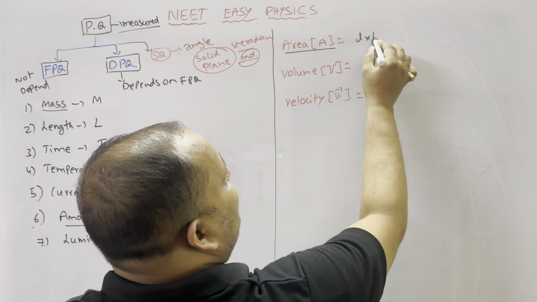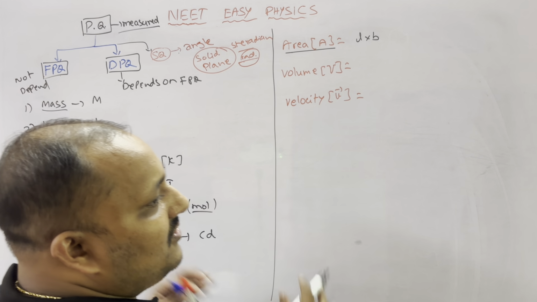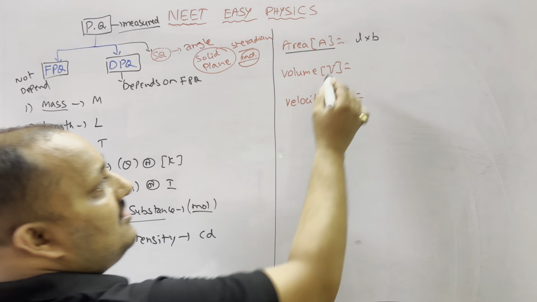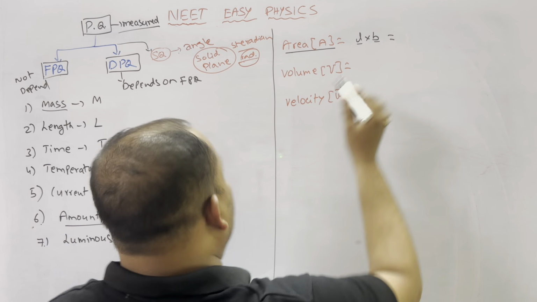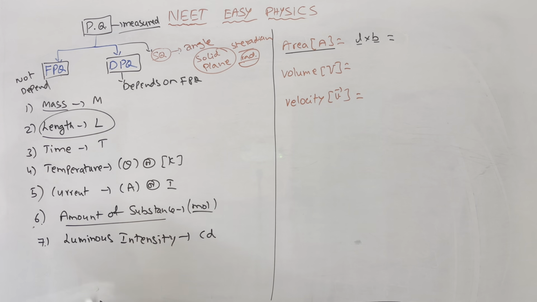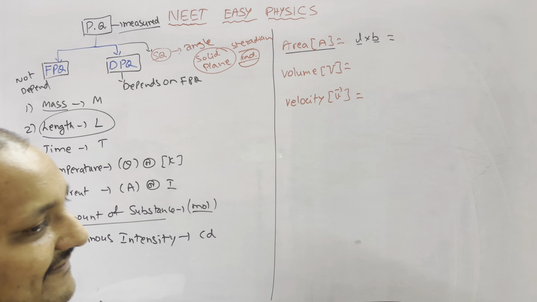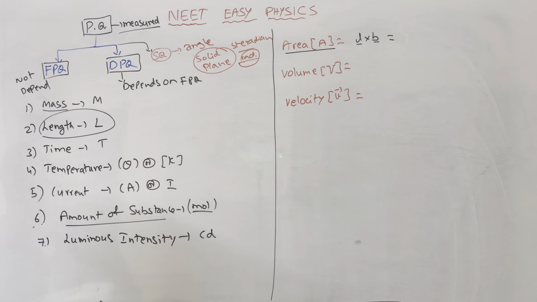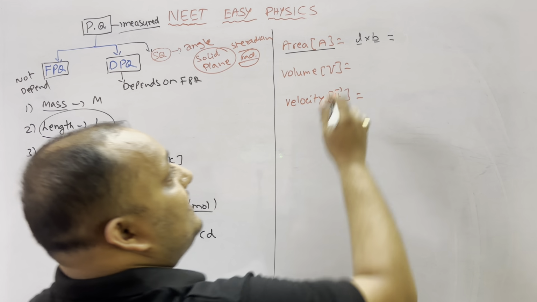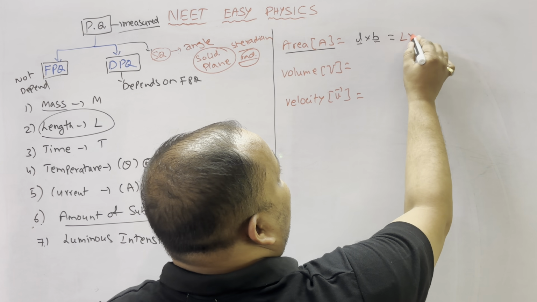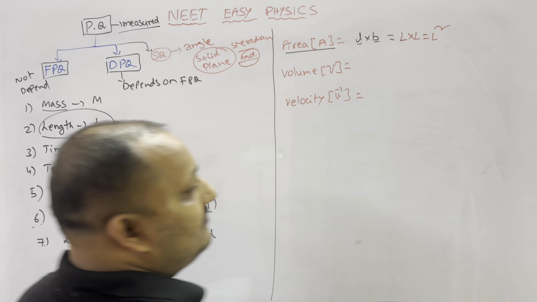Generally we write length into breadth. For this board, the area is length into breadth. Here length and breadth come under length dimension, because length, breadth, height, thickness, distance, displacement, wavelength, all these come under length only. So length and breadth give L into L, therefore L square.